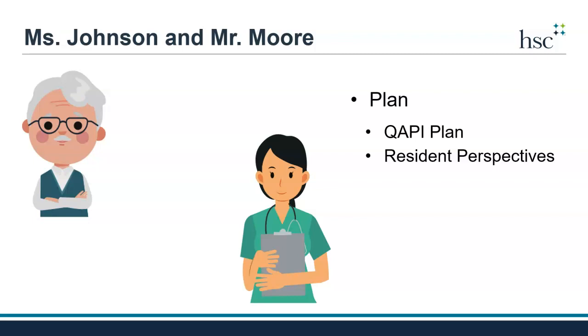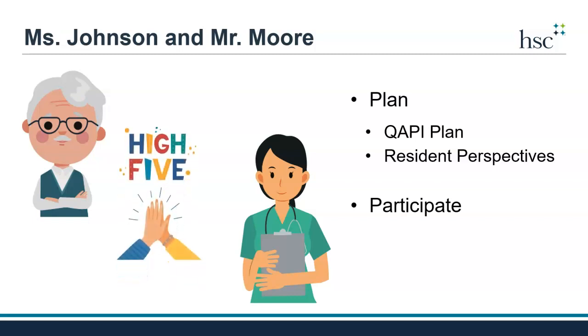Therefore, she asks residents if they would be willing to participate in a program used by other nursing homes, High Five for Hand Hygiene, so they can provide positive feedback to staff. In the High Five for Hand Hygiene program, staff work with residents to remind each other when to perform hand hygiene.